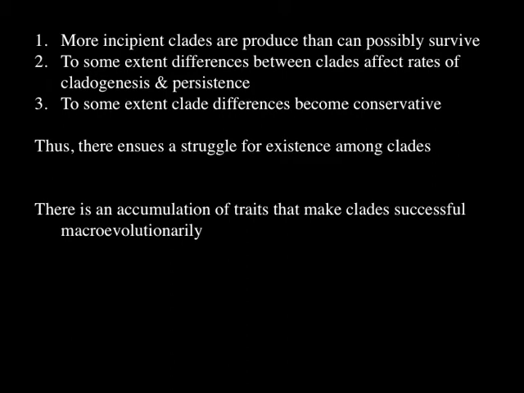So there's an accumulation of traits that make clades successful in this macroevolutionary sense. And this macroevolutionary sense means that they have broad geographic ranges. They are often divided into lots of subclades, so they make up lots of species. They live for a long time, they persist for a long time, and resist extinction, and so on and so forth.